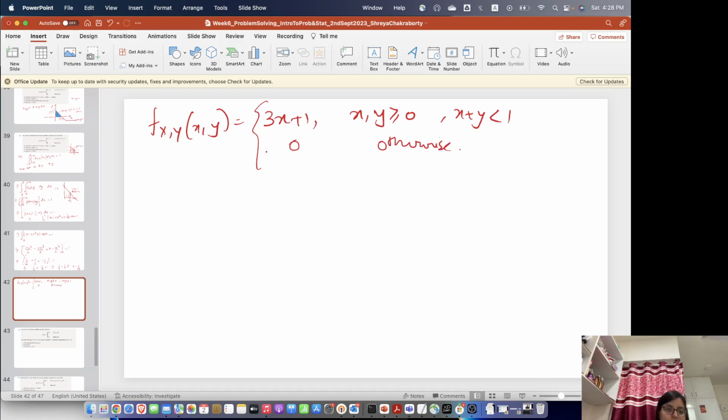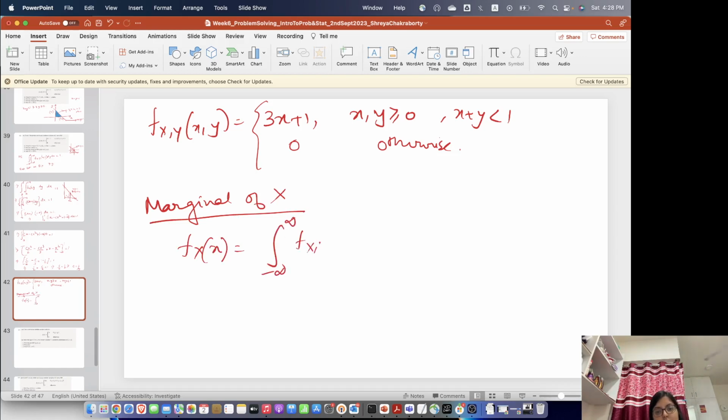Now the marginal of x, that is f_X(x), is the integral from minus infinity to infinity of f_XY(x, y) dy. Here y will range from 0 to 1 minus x.